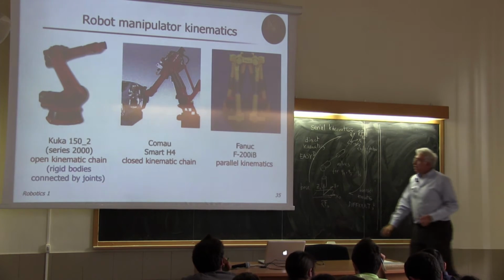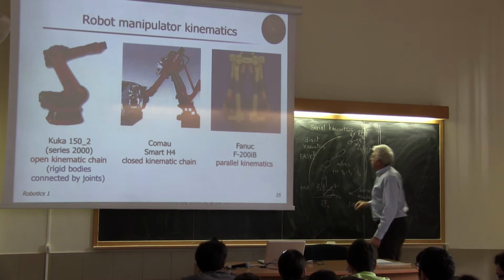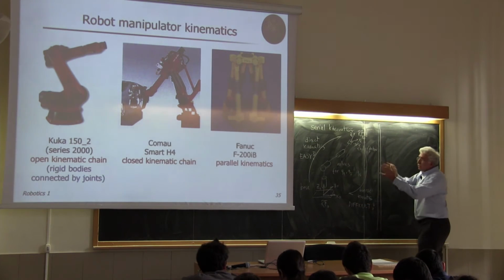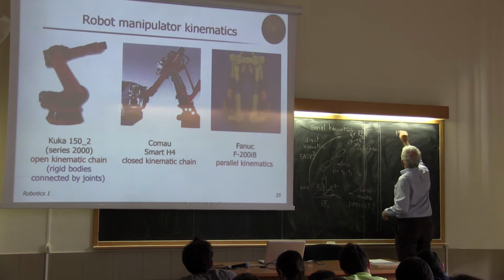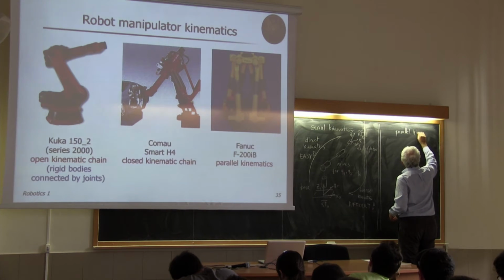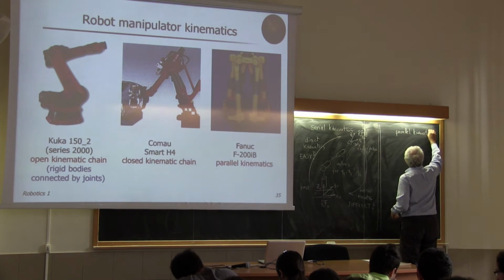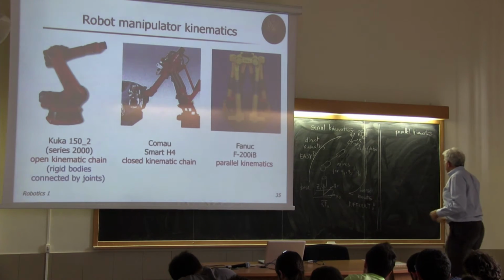Now assume the extreme other case. So not serial kinematics, not even mixed serial closed kinematic chains or so, but fully parallel kinematics. And now things get worse for my drawing.